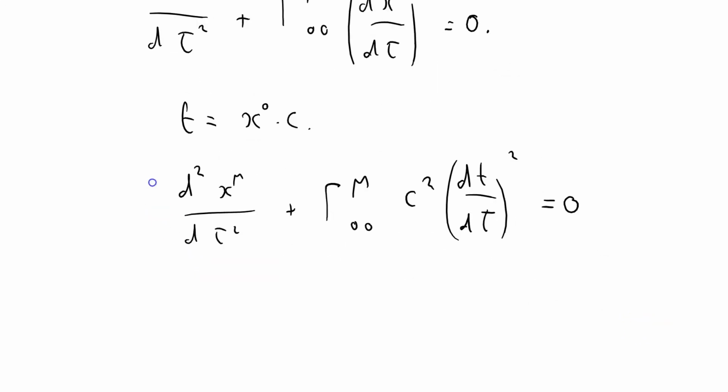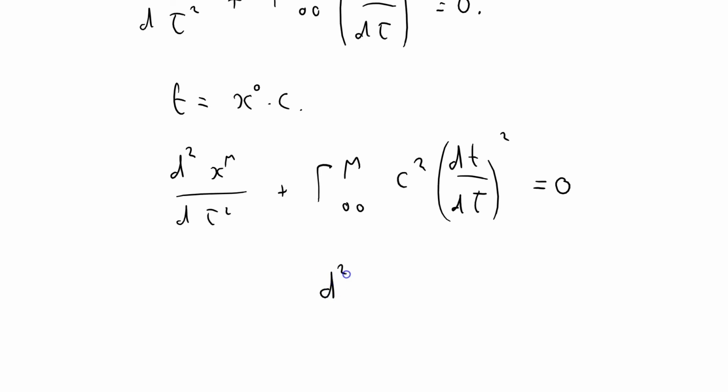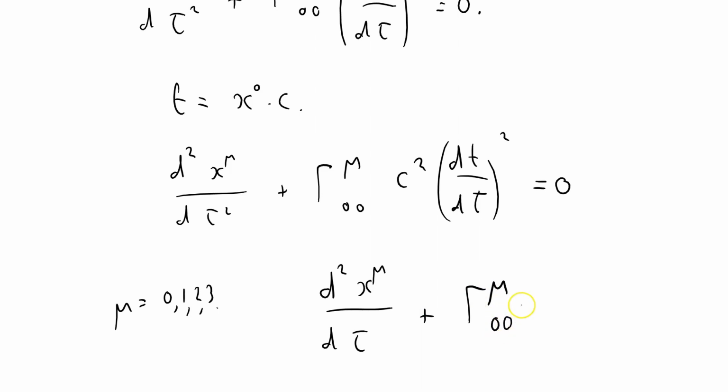Let me write that again, that's a little bit messy. d²x^μ/dτ², and you'll remember here that μ is ranging over 0, 1, 2 and 3 because it's a Greek letter, plus the Christoffel symbol, which I'll evaluate in a minute. In fact, this has already gone on 10 minutes. I might do that next. Γ^μ_{00} times the speed of light squared times, which way around is it, dt/dτ squared equals 0.